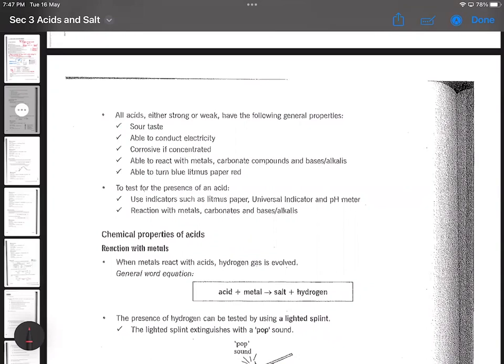Okay, Clarice, in simple terms, what constitutes a physical property? Physical changes. Okay.